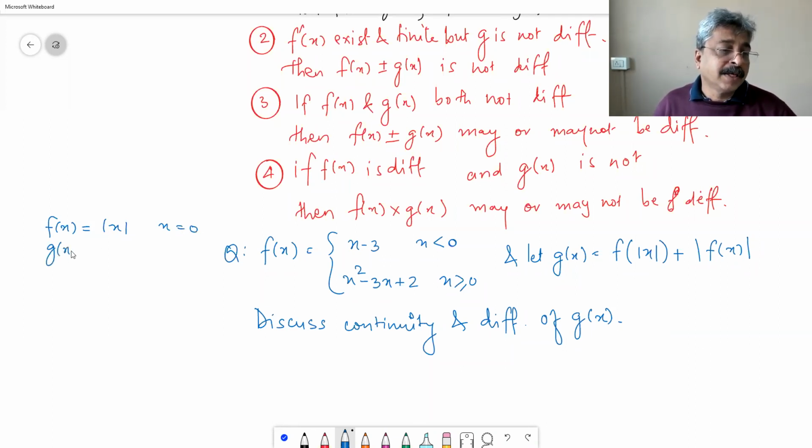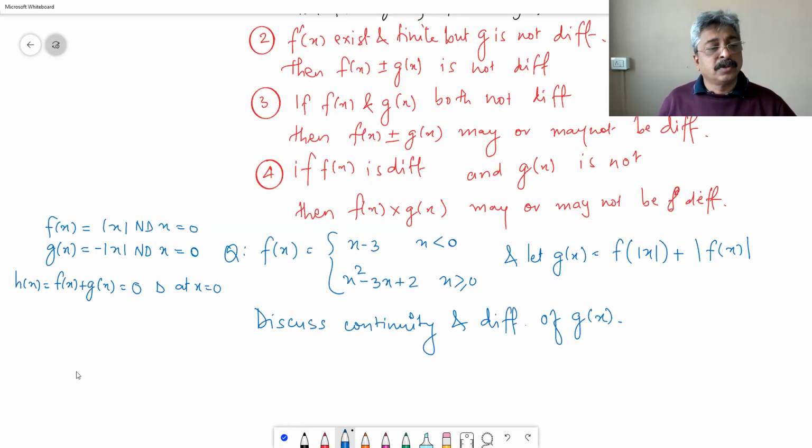G of x is equal to opposite of mod x, not differentiable at x is equal to 0. But h of x, which is f of x plus g of x, which is 0, is differentiable at x is equal to 0.